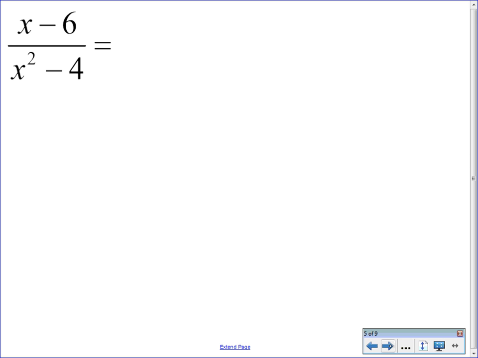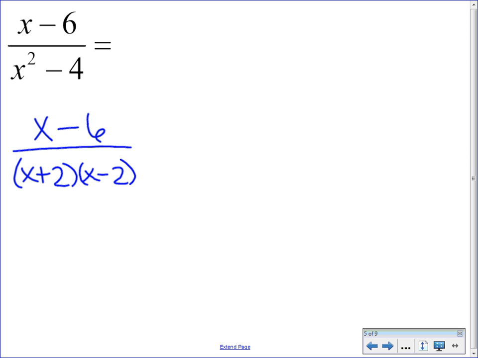All right, first step. Factor the denominator. What does the denominator factor to? Difference of squares. X plus 2 times x minus 2. How many factors do we have? 2. So how many fractions are we going to decompose this into? 2.